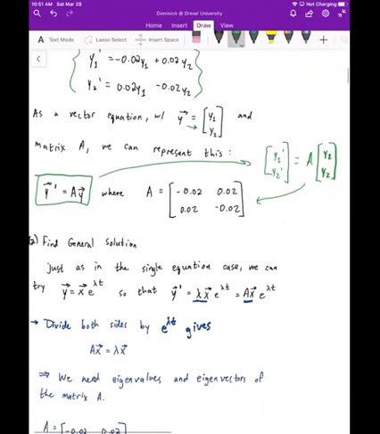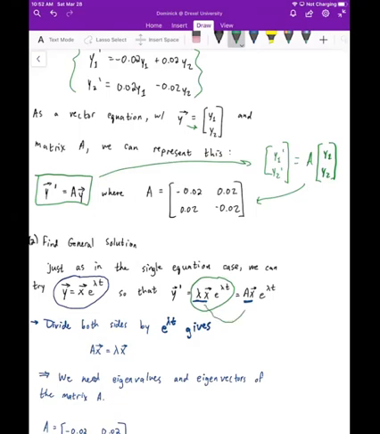Now, to find the general solution, we're going to solve this in a similar way as we would for just the single equation case, right? So we're going to assume that our solution vector y is some vector x times e to the lambda t. So that way our y prime is going to be, once we take the derivative of the e term, the lambda will come out front, multiplied by the x term.